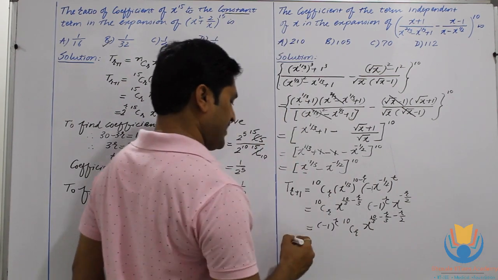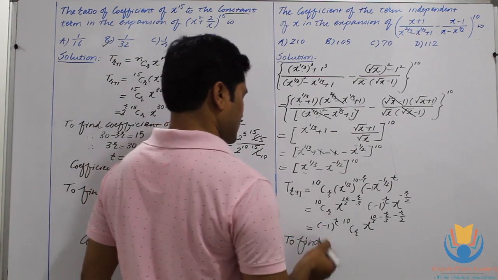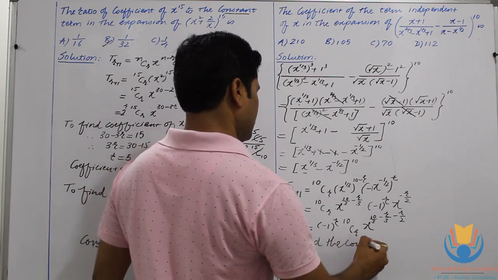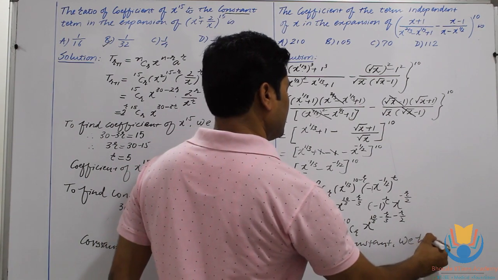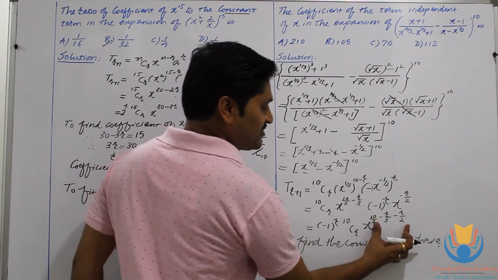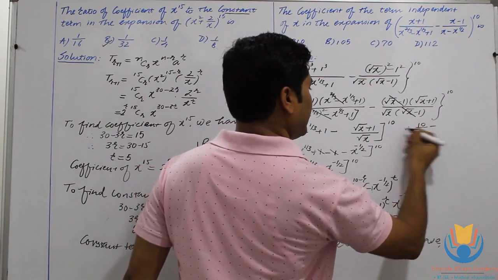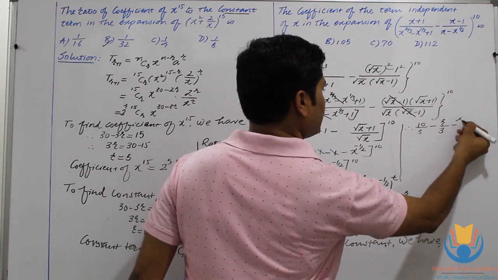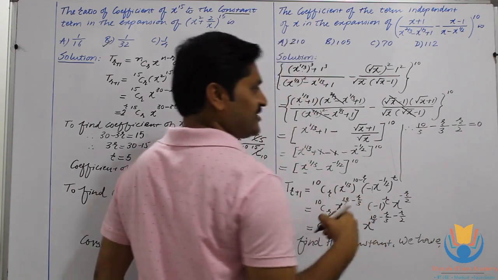So now to find the constant term, same as that of the previous one, we must have this particular index to be 0 here. That means the value of 10 by 3 minus r by 3 minus r by 2 should be equal to 0. Then we are going to get some value of r.